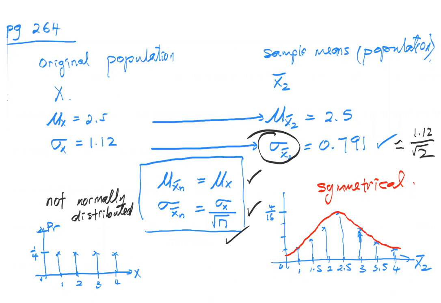So which means that the mean of each sample will be closer to each other. Am I right? So which means that the distribution of the sample mean will have a smaller standard deviation.